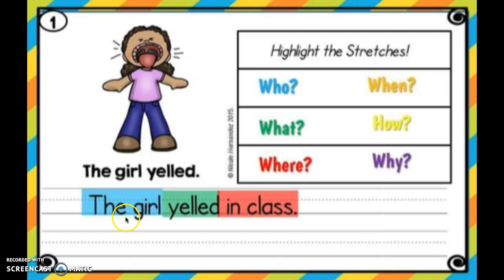Below you'll see that one student already wrote a sentence and stretched it out by adding where. So instead of saying the girl yelled, this student wrote the girl yelled in class. What is another way that we could stretch the sentence?